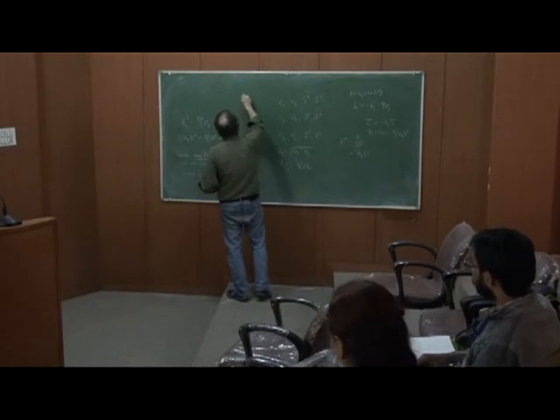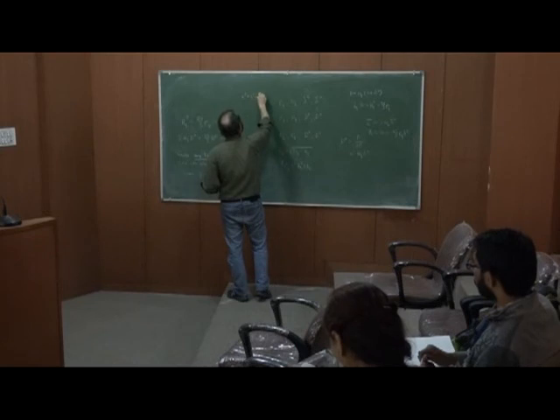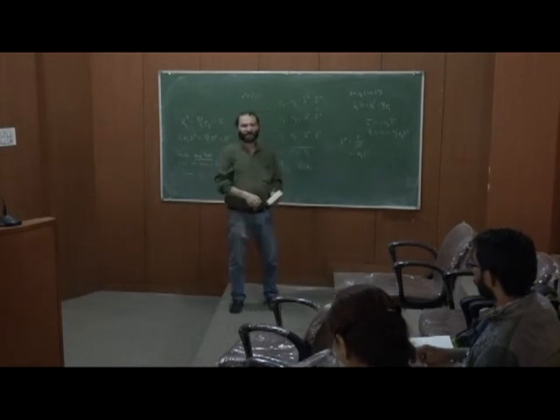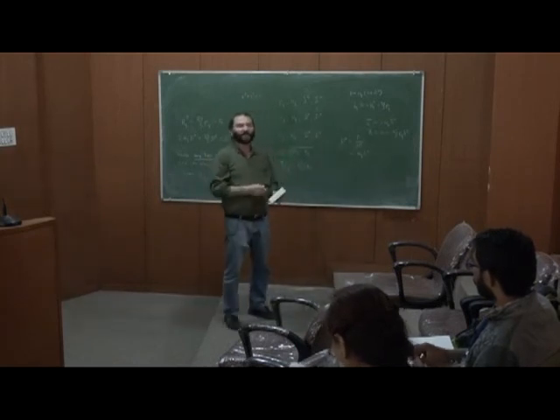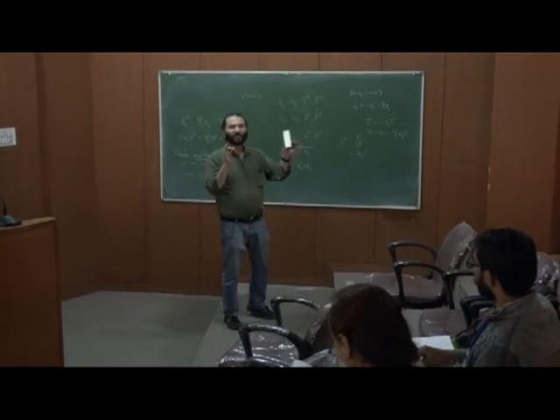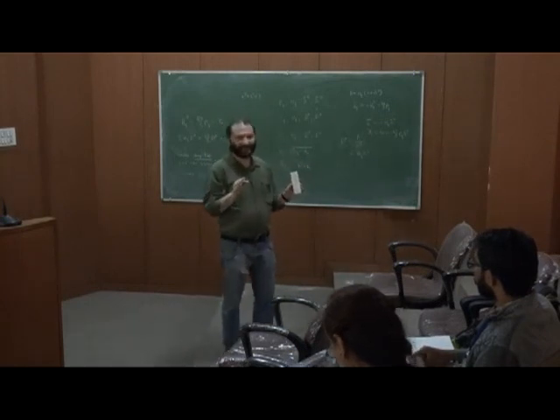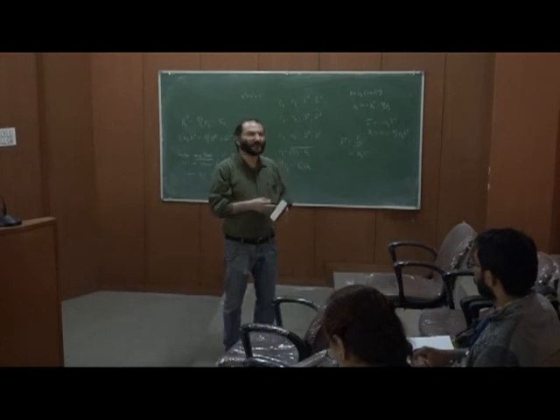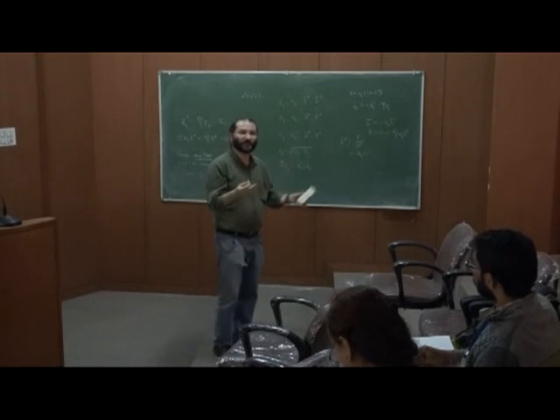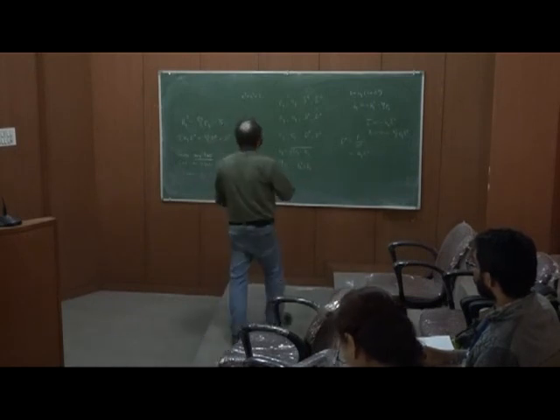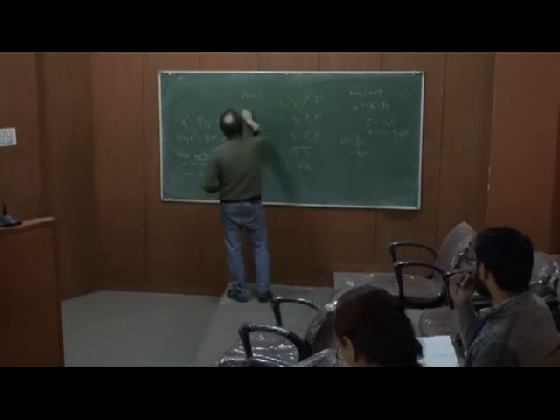Suppose this is the equation of the circle, right? Now, how can you describe this as a simple function? Because this is not a function. This is a constraint, really. But how do you transform it into a simple function? Well, you do this.